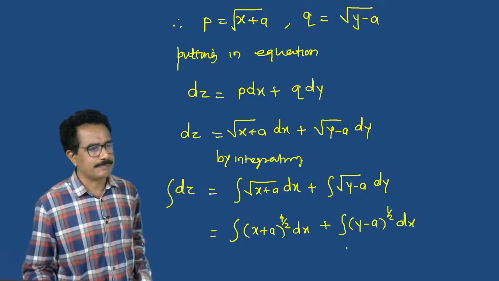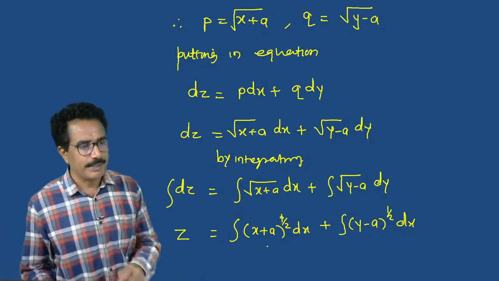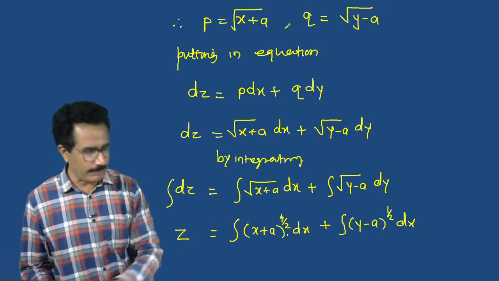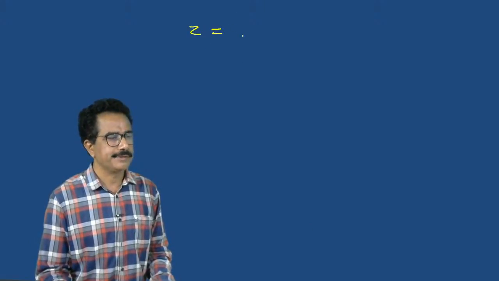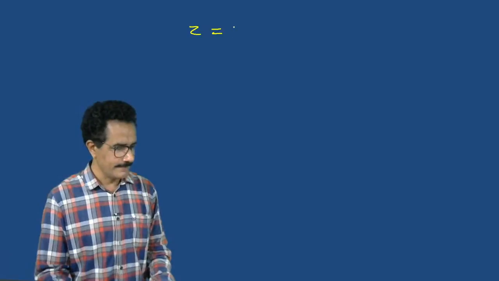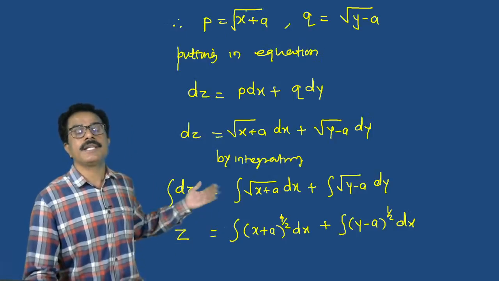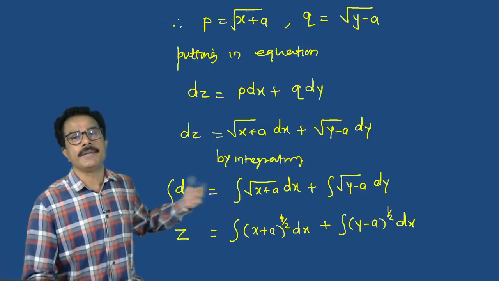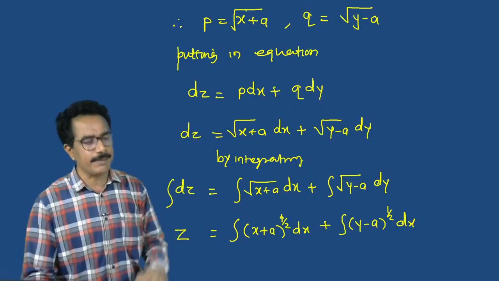Is it okay? So the integration of dz we can write z, but what is the integration of x plus a raised to 1/2? What is that formula? x raised to 1/2 means x raised to n, and the integration of x raised to n is x raised to n plus 1 divided by n plus 1.